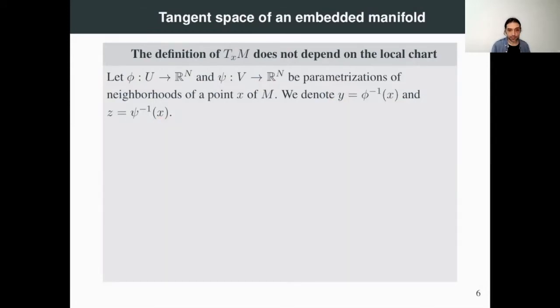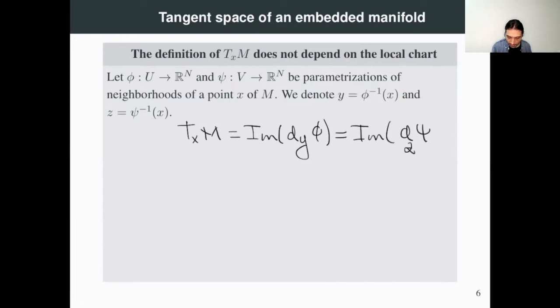And we defined the tangent space in two different ways. We defined the tangent space of M at the point x as the image of the differential of phi at the point y, and as the image of the differential of psi at the point c.